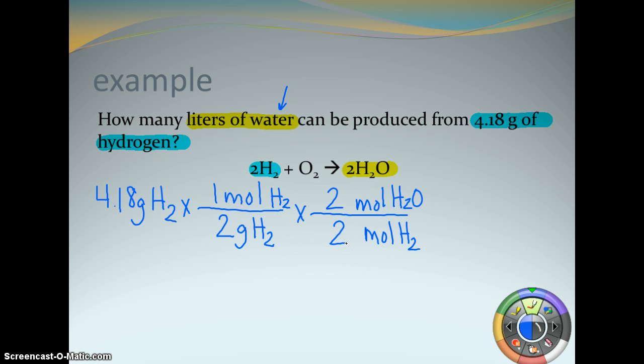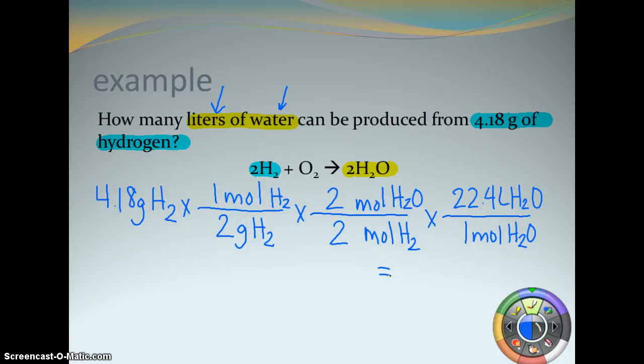Do we want moles of water? No, we want liters of water. So now in this conversion factor, we're going to have our 22.4 liters of water in the numerator because we're looking for liters of water. 22.4 is always opposite 1 mole. We got to get rid of that 1 mole of water unit. So now your math, if it's in the numerator, you multiply.